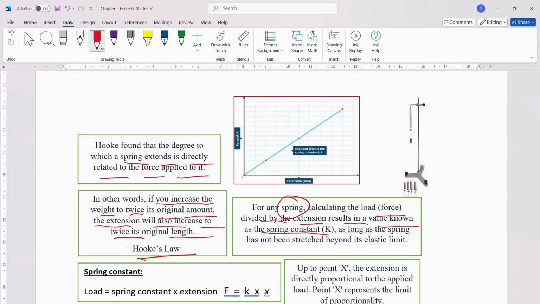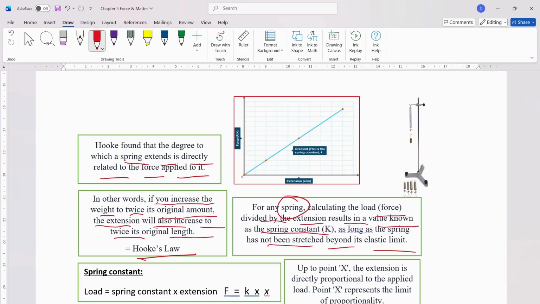How can you find the spring constant? You divide the force, the load, by the extension, and you will get a constant as long as the spring has not been stretched beyond its elastic limit. So there is a limit: the spring should be within its elastic limit.